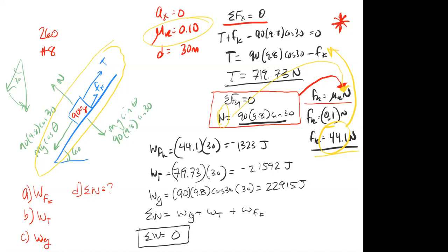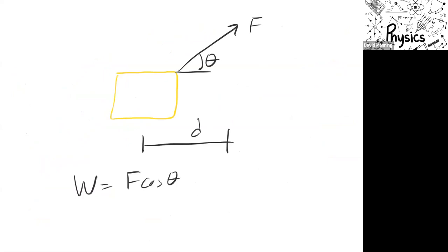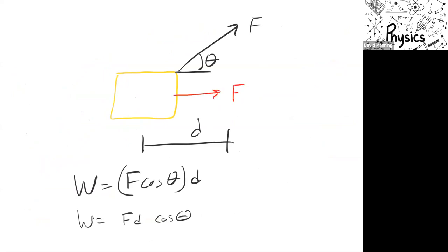Okay. So if we have this situation, right? It's actually F cosine theta times D, but we just rearrange it to make it more convenient. So if this is F, that means the cosine theta equals the cosine of 0, and that equals 1.